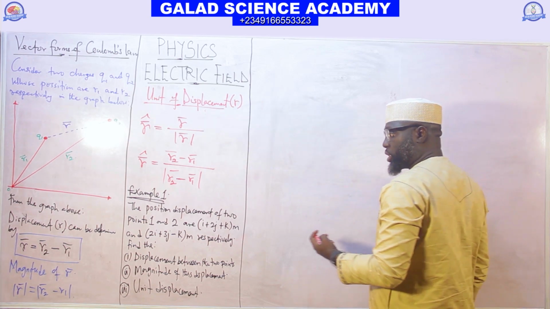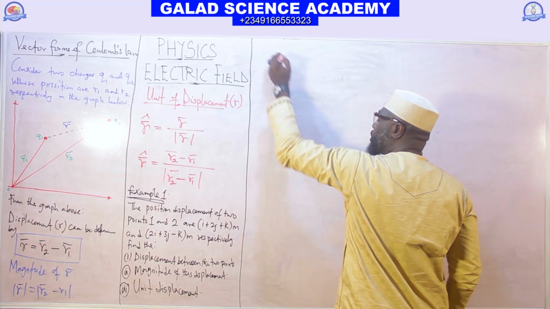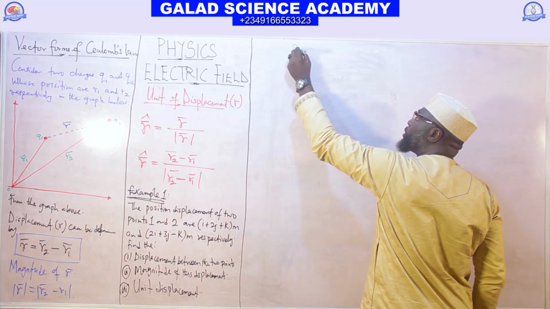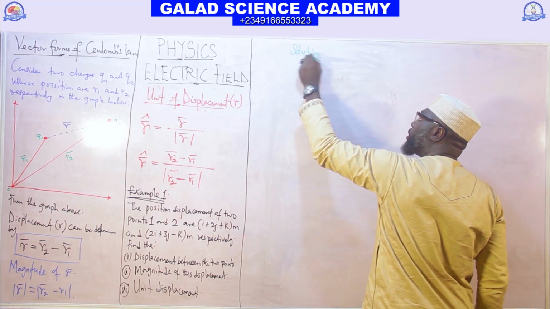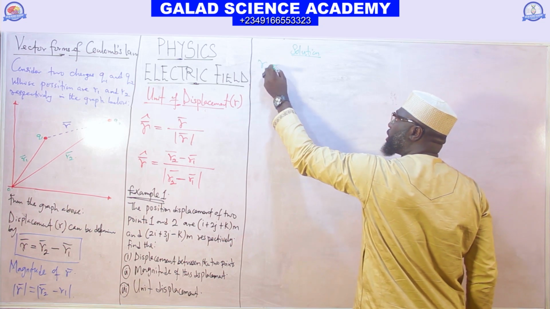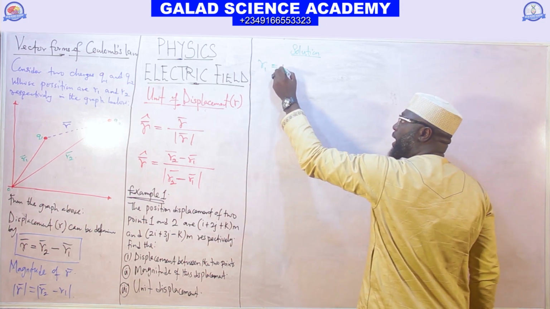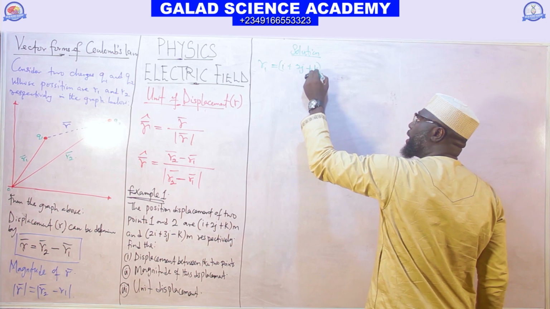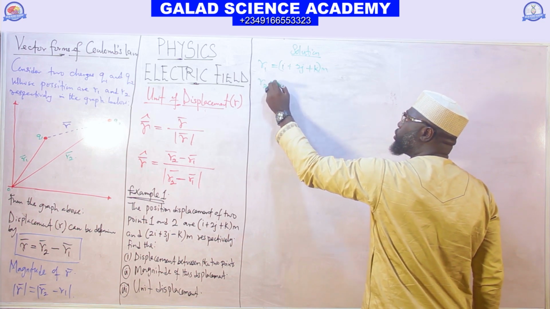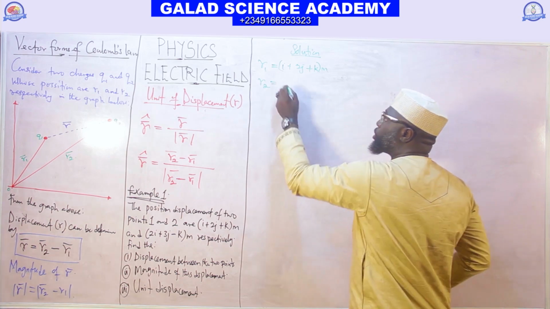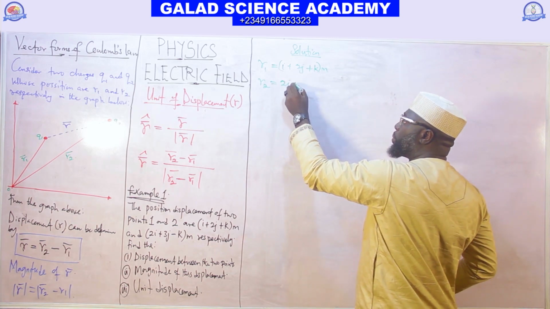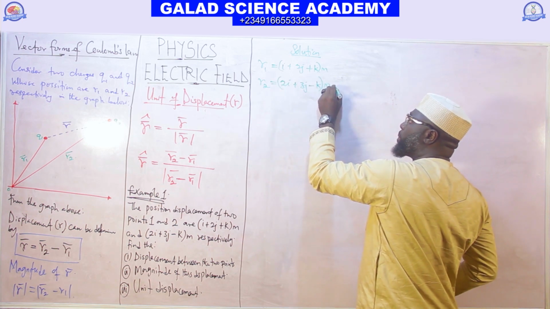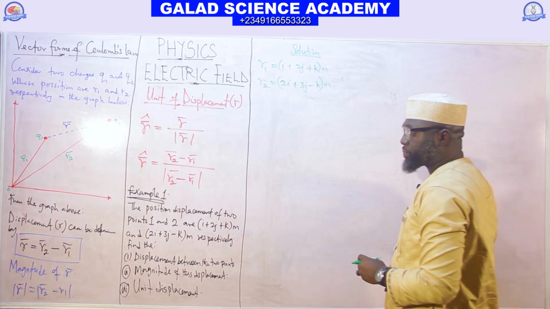Solution: given position R1 is i plus 2j plus k in meters, and R2 is 2i plus 3j minus k in meters, respectively.